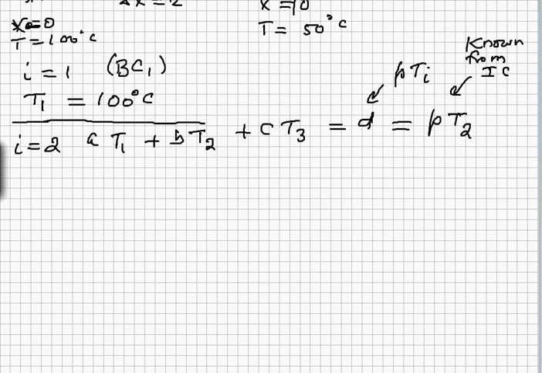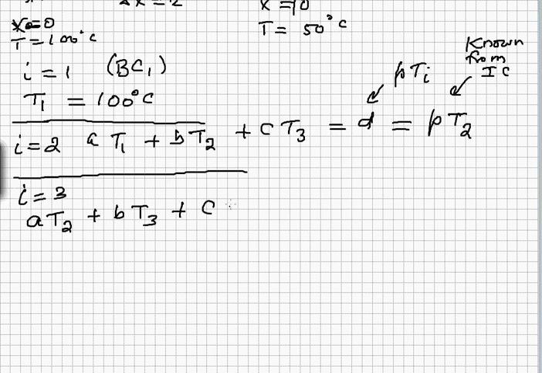For my second node, my third node, I equal to 3, I can write a very similar equation: A times T2 plus B times T3 plus C times T4 is equal to PT3. Similarly, I is equal to 4.